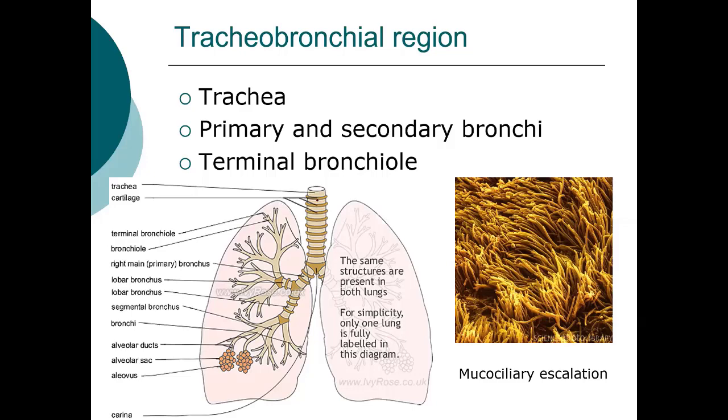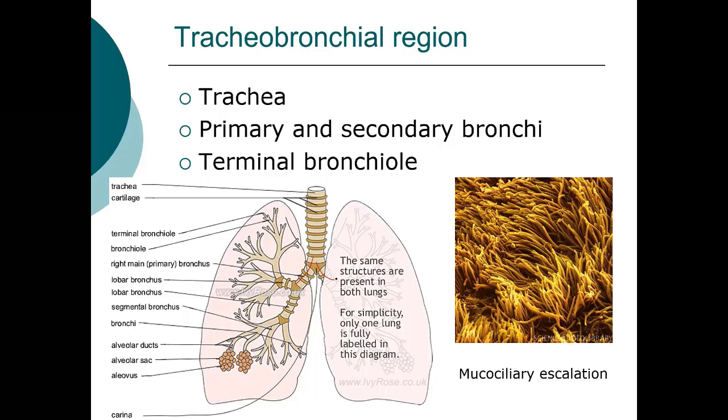Now, all of the passageways in the trachea, here's the bronchi, and the bronchioles, are coated with a thin layer of mucus, and that mucus is extremely important in the body's protective mechanisms against foreign material.